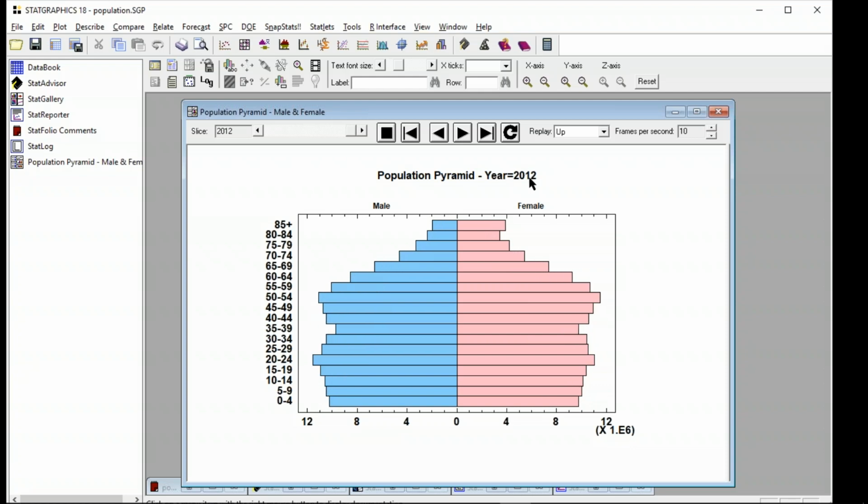There are, or were in 2012, which is the last year that I have data for, almost 4 million females and about 2 million males aged 85 or more in the U.S. population. Adding a little animation to the population pyramid definitely is a good way to see changes. And that's why I've nominated population pyramid to be graph number 3 of my top 10.